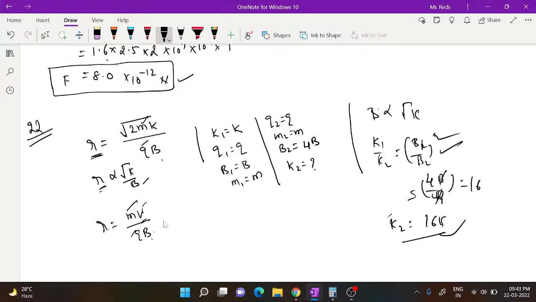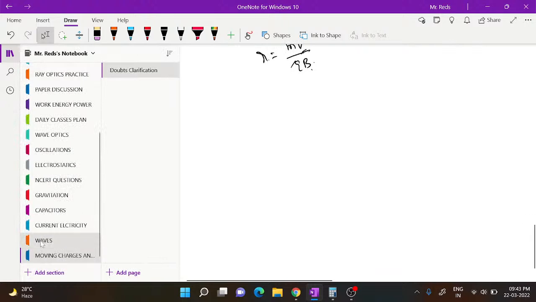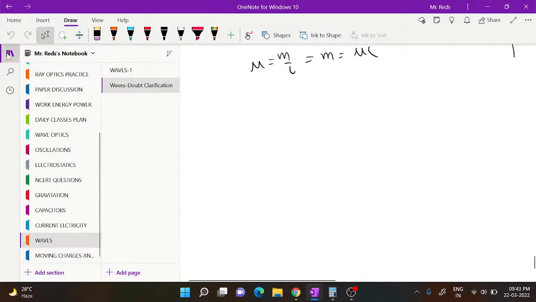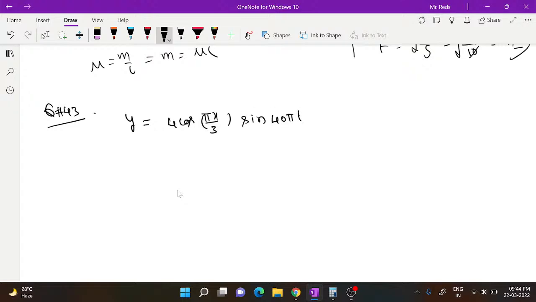And this question is the 43rd one. What is given here is the standing wave set up in a medium: y is equal to 4 cos(pi x by 3) into sin(40 pi t), where x and y are in centimeters.